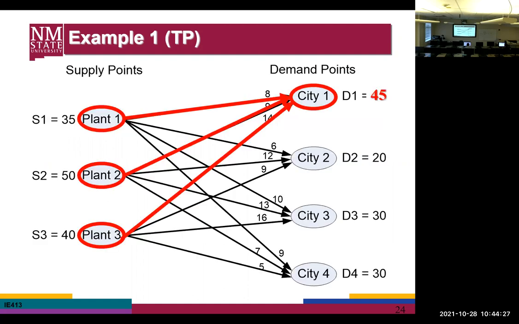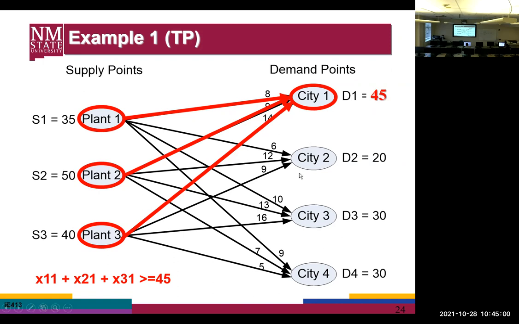So for example, city number 1 must receive at least 45 million kilowatt. So we obtain this constraint: x11 plus x21 plus x31 has to be at least 45 million kilowatt, right? That's the demand constraint for city number 1. So similarly, we can obtain another constraint for each of cities 2, 3, and 4, right?